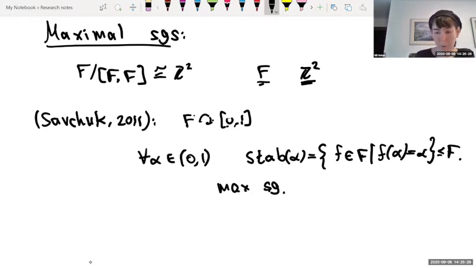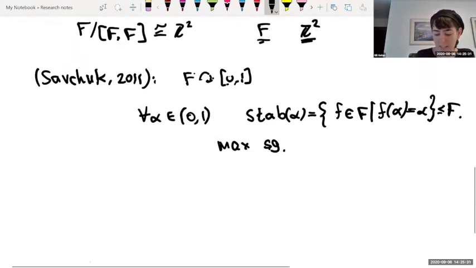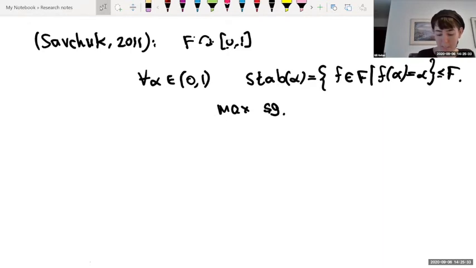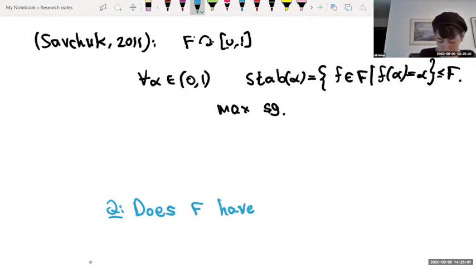And Savchuk also asked whether these are all the maximal subgroups of infinite index of F. So the question: does F have other maximal subgroups of infinite index?